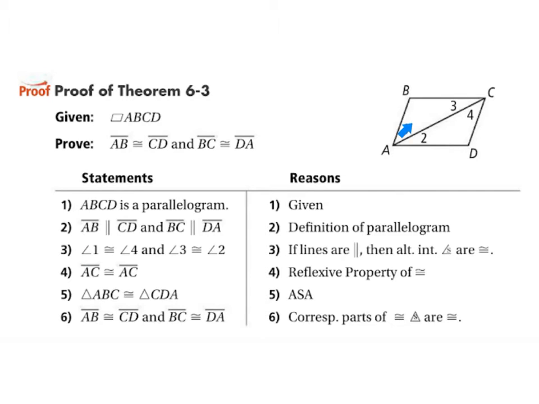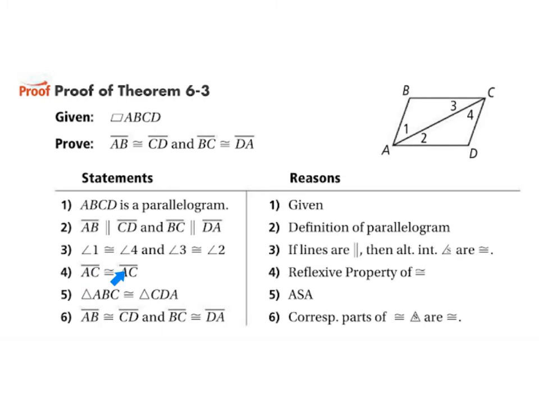Well, if we drew this transversal line AC cutting through the parallel lines, we can say angles 1 and 4 are alternate interior angles, if this is the transversal. So if the lines are parallel, then alternate interior angles are congruent. So 1 is congruent to 4, and angle 3 is congruent to 2, by the alternate interior angles postulate.